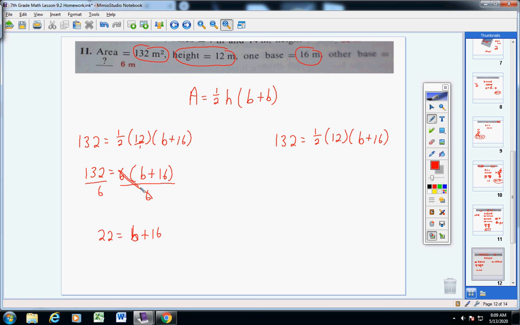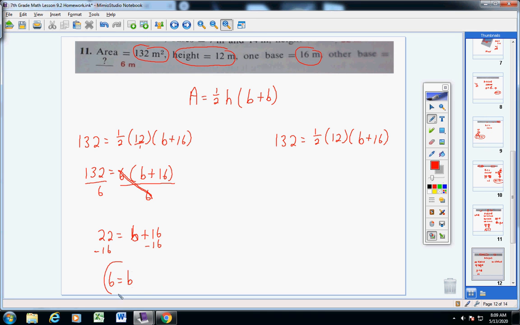Because these canceled out. Now you can keep the parentheses if you want to, but there's no need to. And then bring the 16 over, make it a negative 16 because you moved to the other side. It was positive, make it negative. Or some of you like to say that you're subtracting 16 from both sides. Either way is the same thing, and you get this.